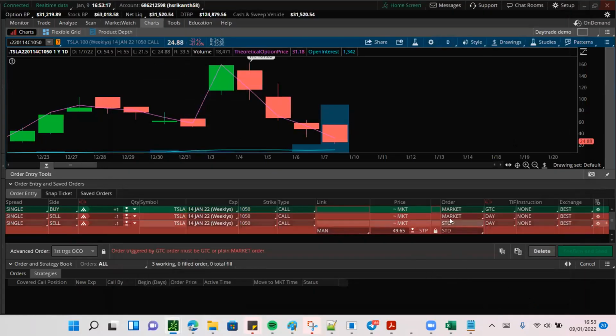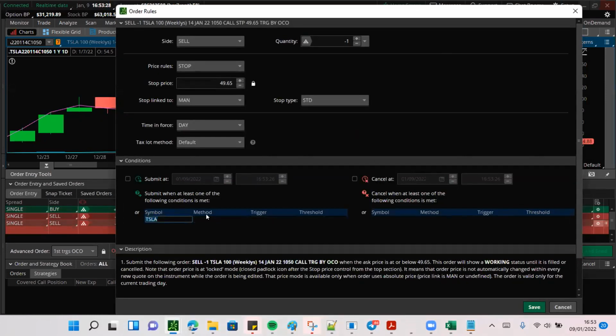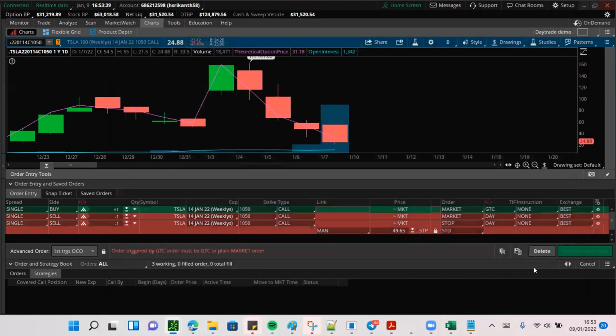At the same time, we can put a stop loss right here. We can put a stop on a market where we mention that if Tesla goes less than 1035, since we bought it at 1040, I want to exit my trade. We can even set a certain stop order right here.